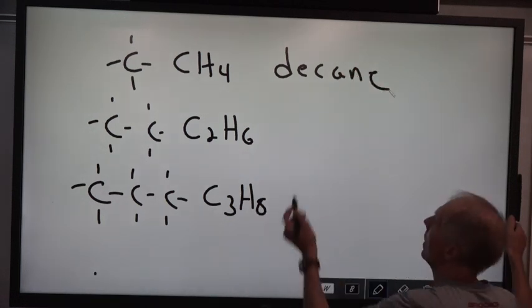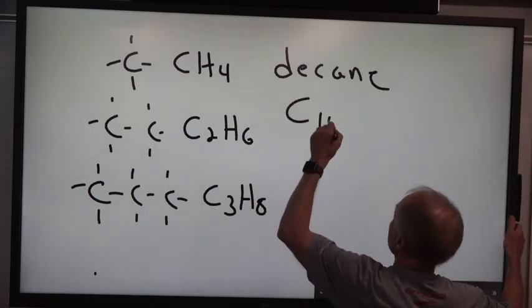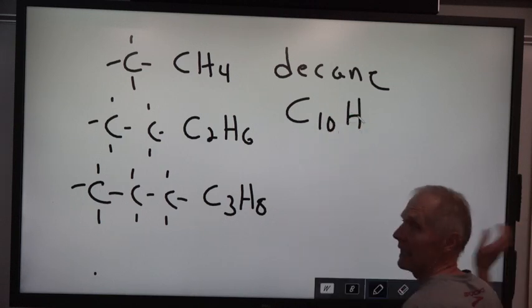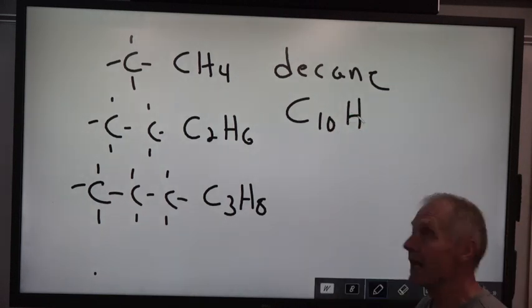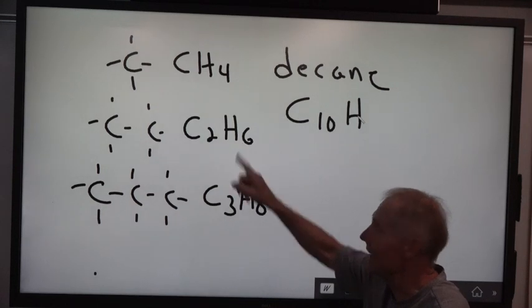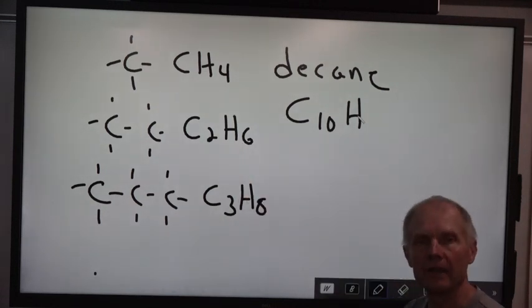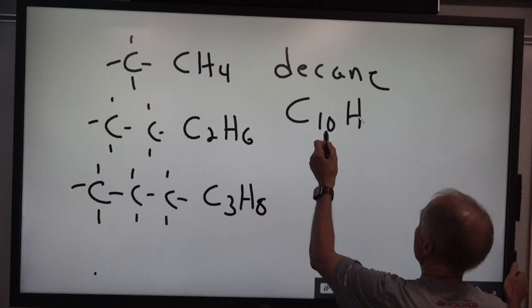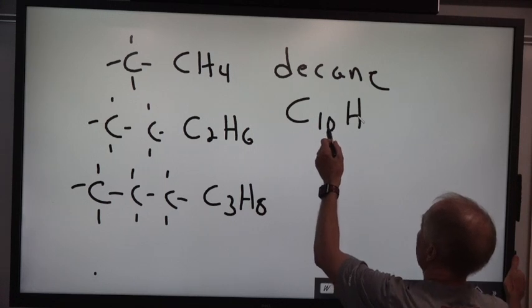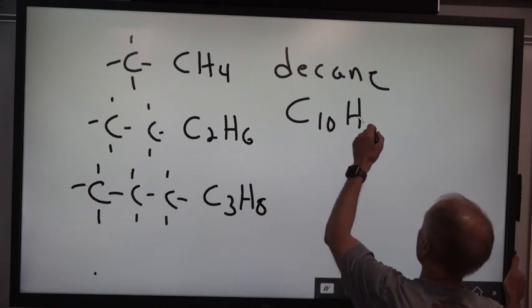Decane, I know that that's C10 and H. Remember what I said? Double the carbon number and add 2, and you can find your hydrogens. So C10, double that would be C20, add 2, so that would be C10H22.